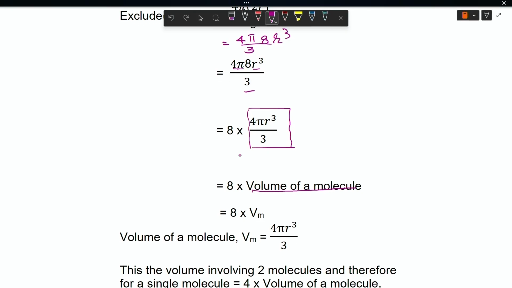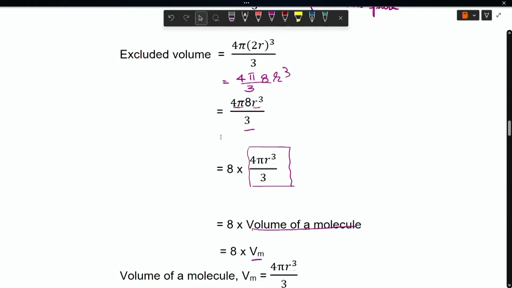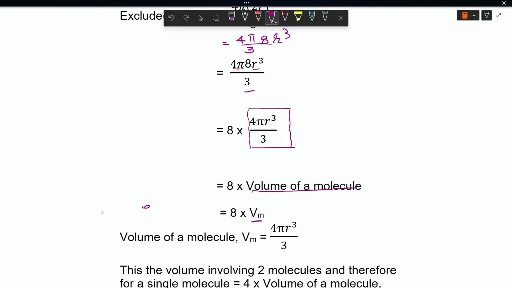So I can represent it as 8 into the volume of a molecule. If the volume of the molecule is represented as Vm, which is equal to 4 pi r cubed by 3, then the excluded volume is equal to 8 into the volume of a molecule.